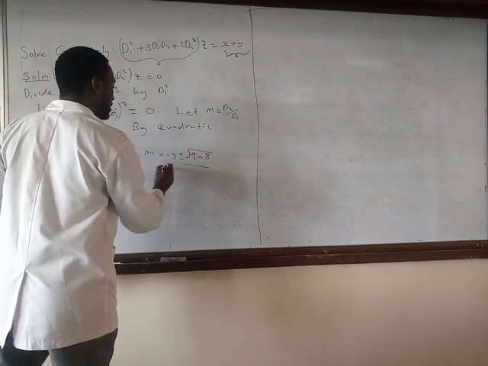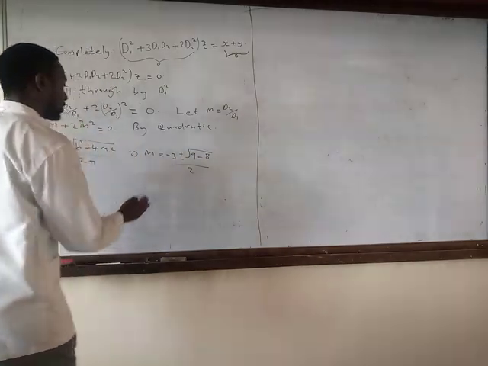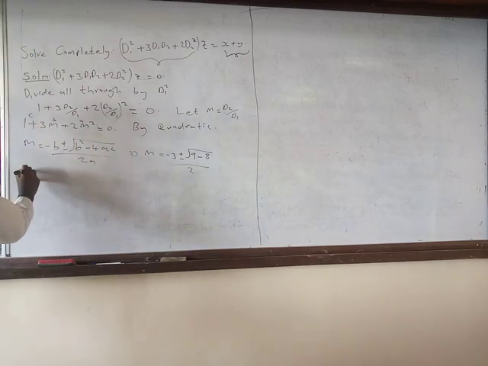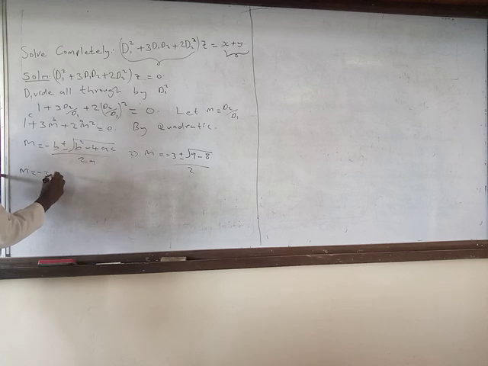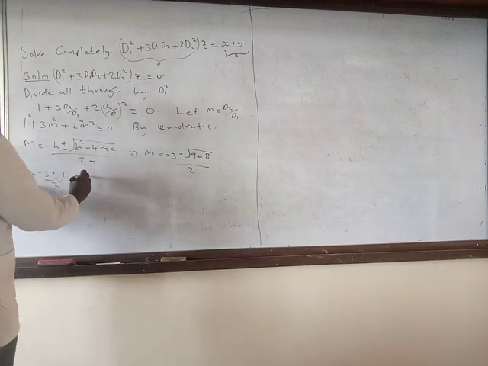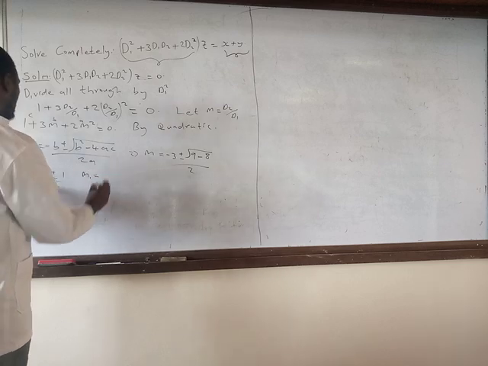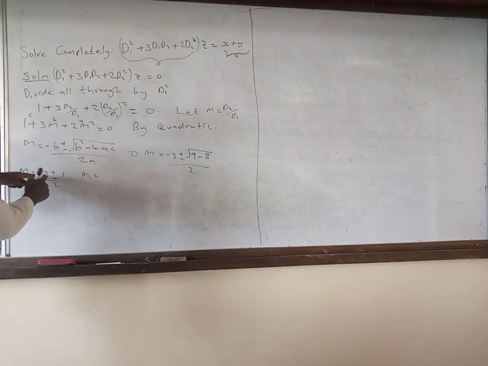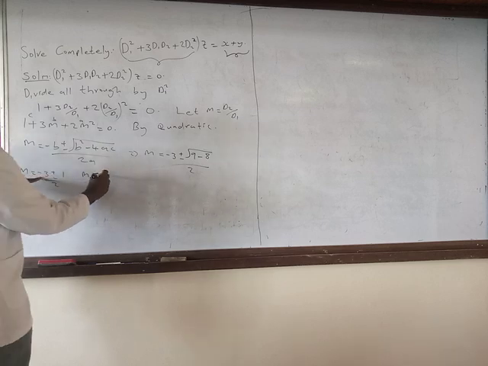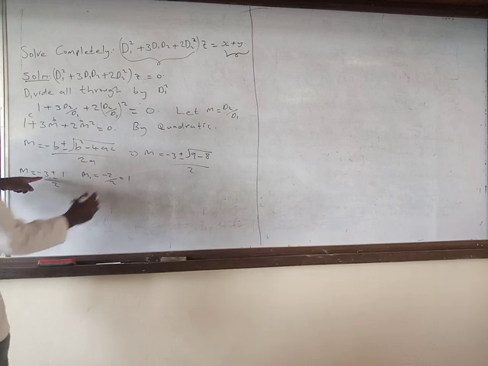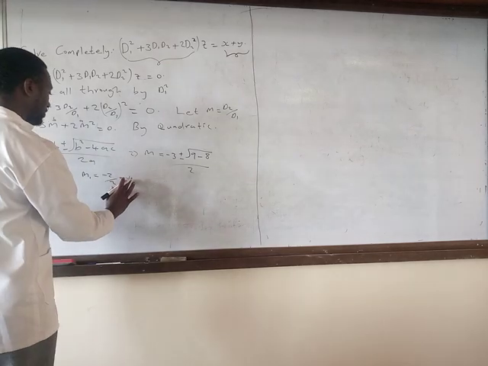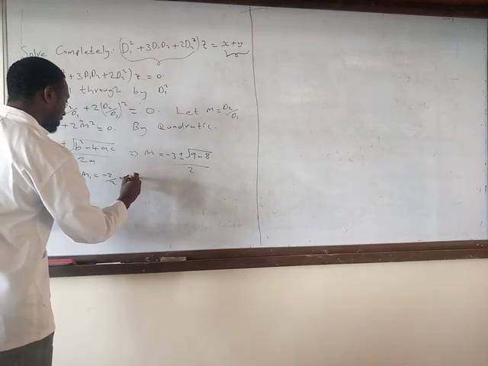So 8, square root, divided by 2. So our m equals negative 3 plus or minus 1 over 2. So our m1 will be negative 3 plus 1, which is negative 2 over 2, which is negative 1.